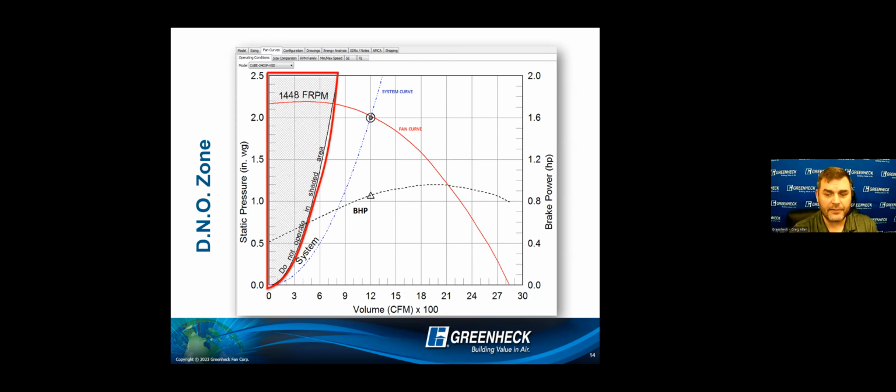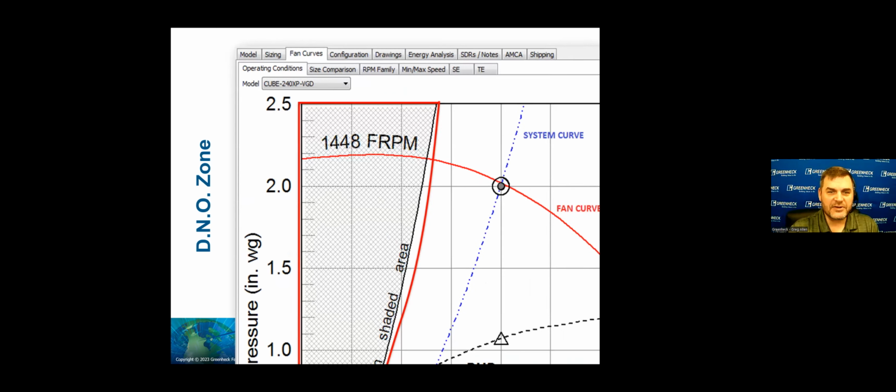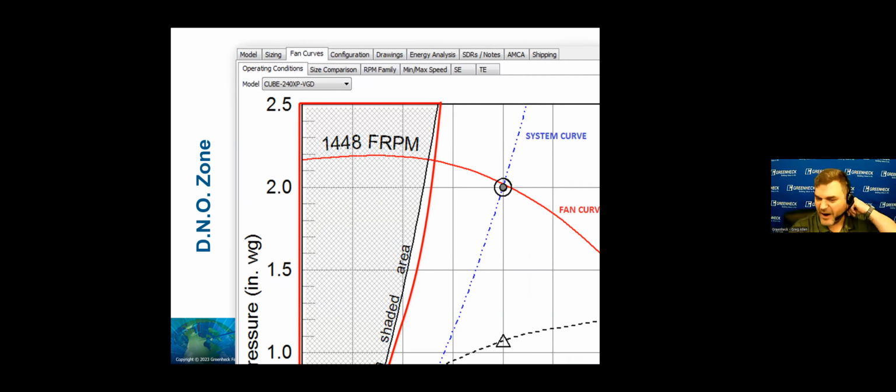So the do not operate zone, let's zoom in here and look at one specific scenario, and that's hunting, right? Hunting is the phenomenon where a fan can operate at one static pressure but at two different CFMs. So let me throw a line in here. As you can see, I can move 100 CFM if I cross at almost 2.2 inches of static pressure.